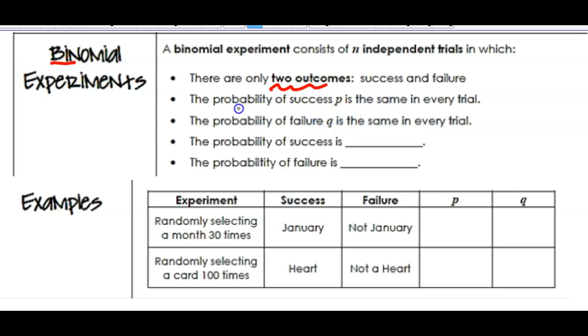Success and failure. The probability of success is P, and that has to be the same on every trial. If it's not, you can't use it. It's not called a binomial experiment.